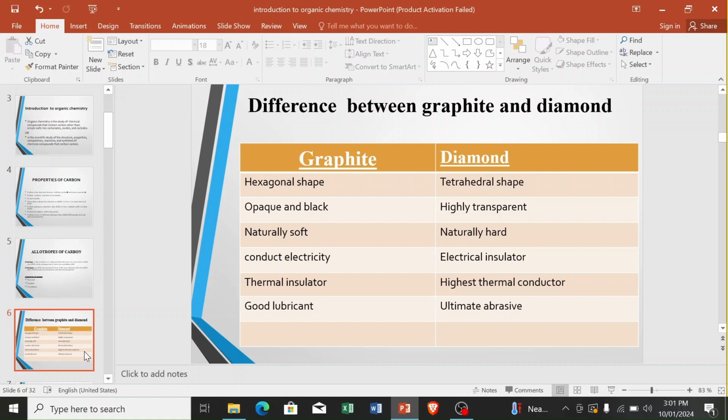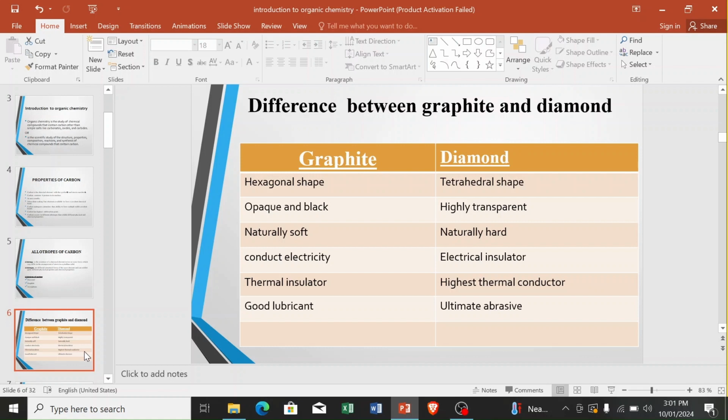And then you need to know how graphite differs from diamond, if it is shape, color or appearance. You also need to know how to differentiate. We say opaque and black, and then highly transparent; conducts electricity, naturally soft, naturally hard, conducts electricity, electrical insulator.